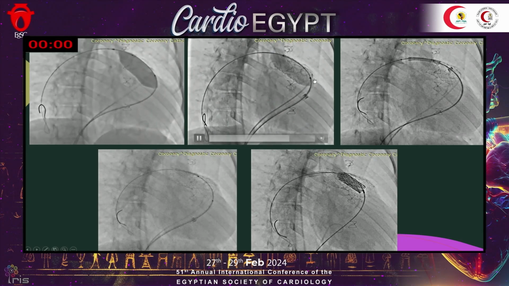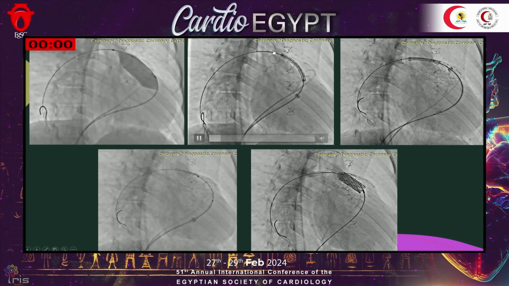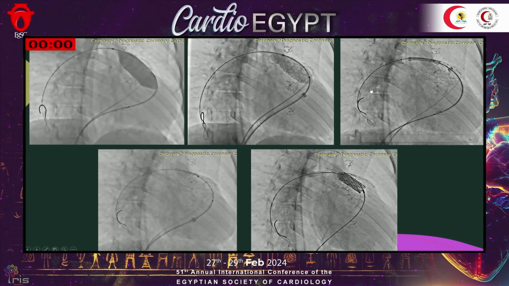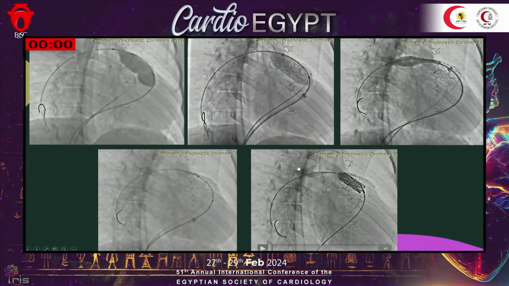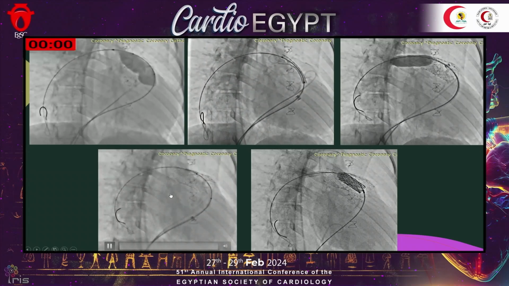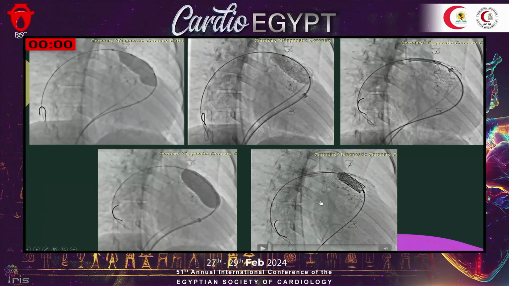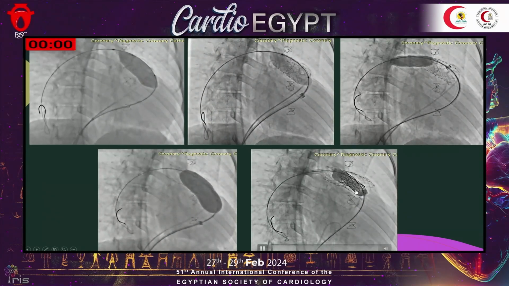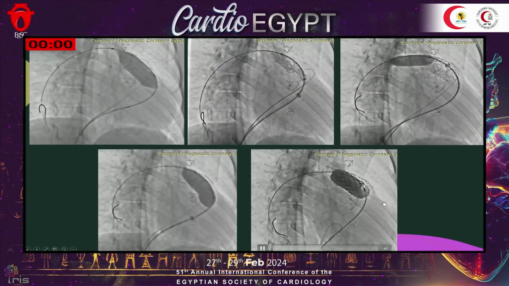But because we have a very long distance and two proximal and distal stenosis, we had to use two overlapping stents, and then the valve was put inside of them.